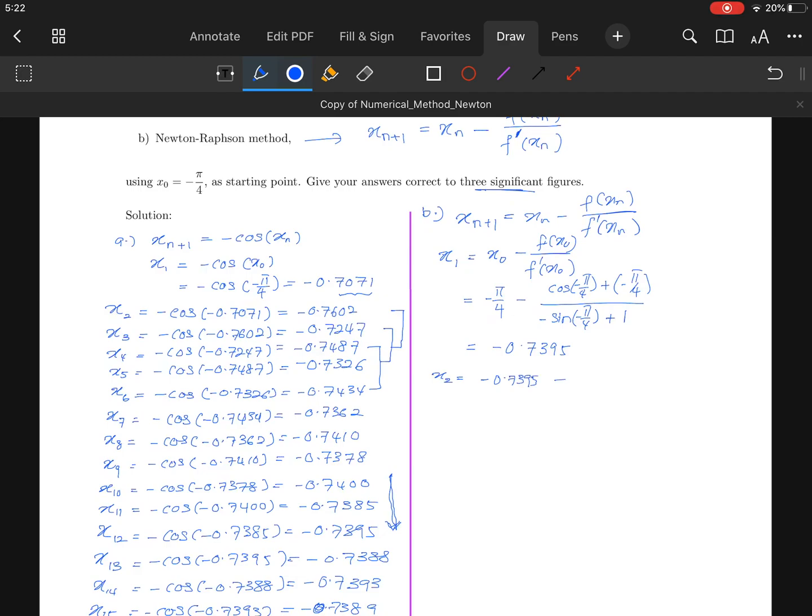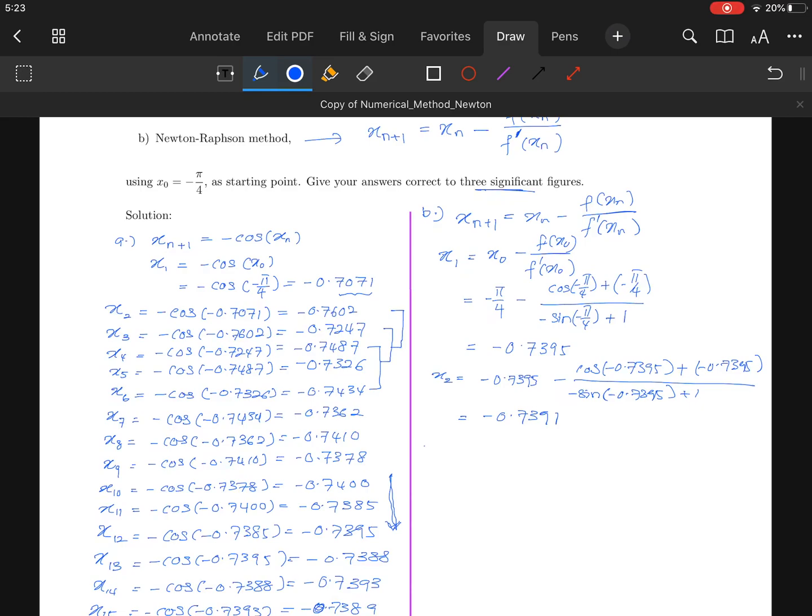So for x2, now your x0 becomes negative 0.7395. You have to minus cos of negative 0.7395 plus negative 0.7395, over negative sin of negative 0.7395 plus 1. If you calculate this, you will get negative 0.7391.